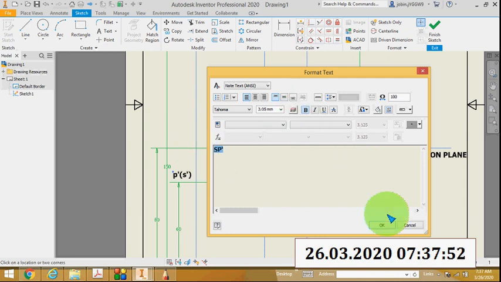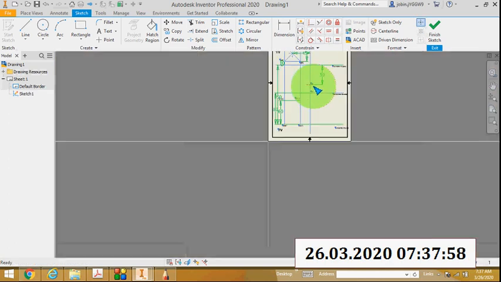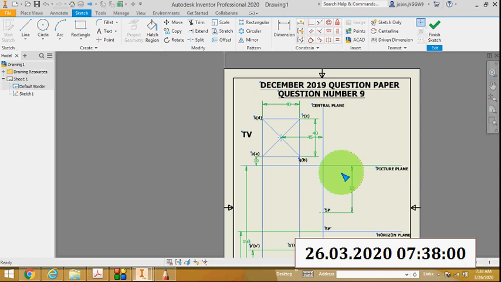Dash means the front view. SP dash is the front view of the station point, and SP is the top view. As per the dimensions, we have completed the drawings.